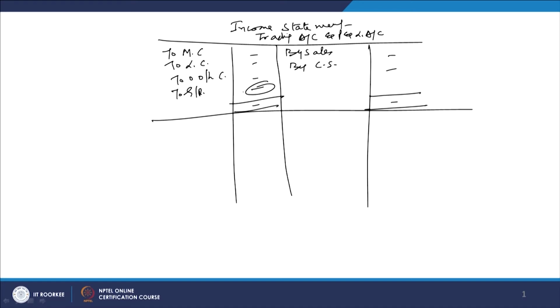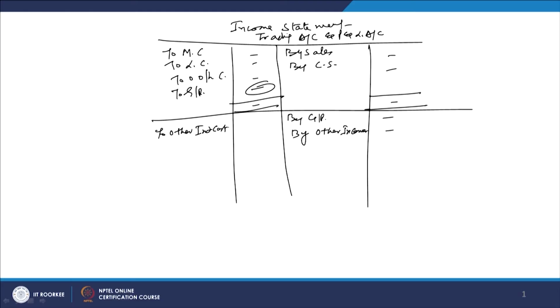So, gross profit is basically calculated with the help of the trading account, where we have the two sources of revenue, that is the sales and closing stock, and this side we have the cost, and the difference is called the gross profit. Then we bring this gross profit here, by gross profit, right, and by other incomes. By other incomes, you call it other indirect incomes, we add it up here, and then to other indirect cost.